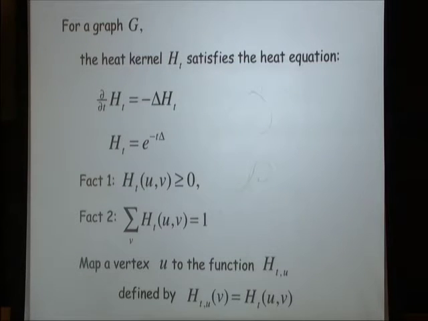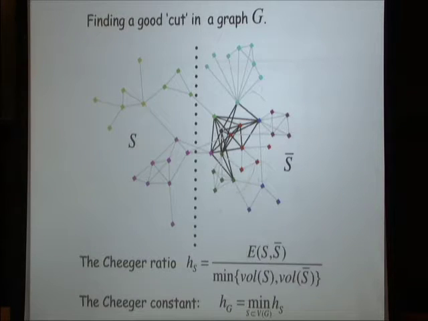But the nice thing about this temperature t here is that it's a parameter that allows you to choose how to localize most of your weight. So it doesn't spread as much if you choose the right t.